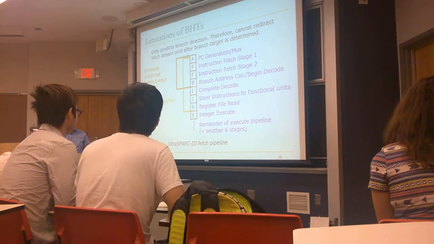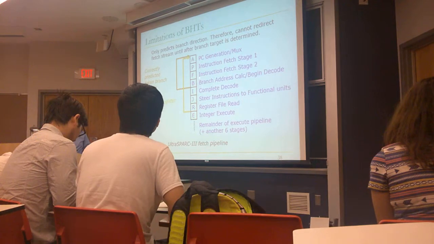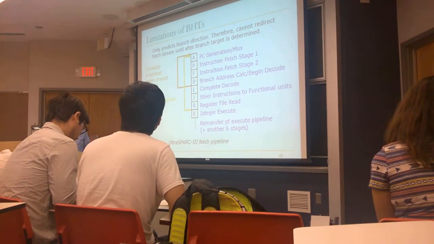This is because the predictor has to be done after the instruction fetch, right?